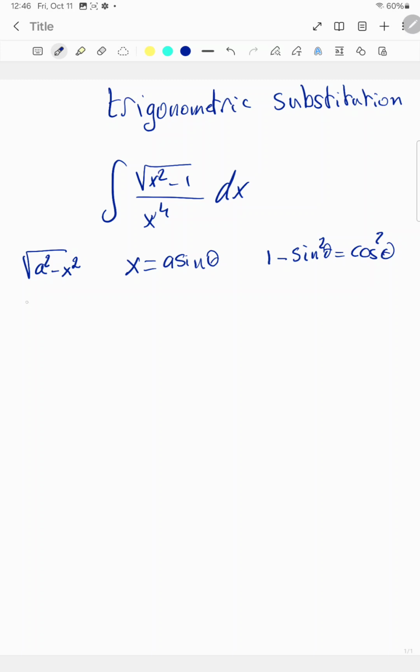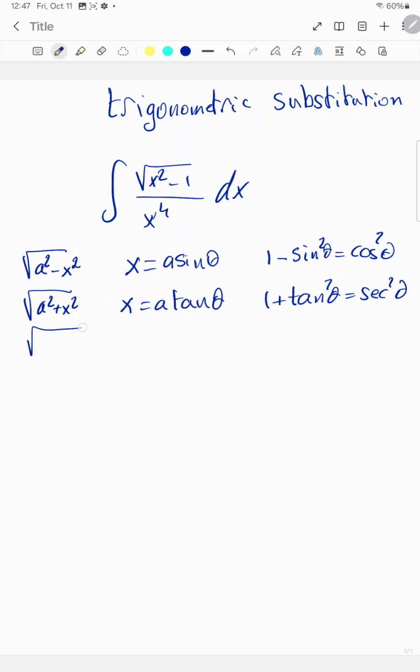If you have the square root of a squared plus x squared, we can use x equal to a tan of theta, and the trigonometric identity that will be used is 1 plus tan squared of theta equals sec squared of theta.